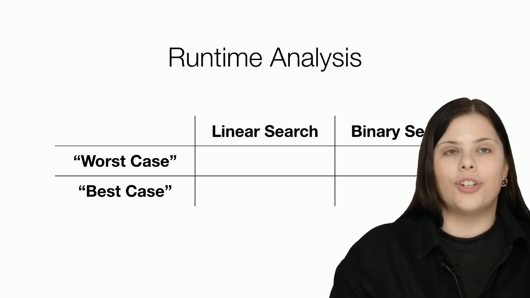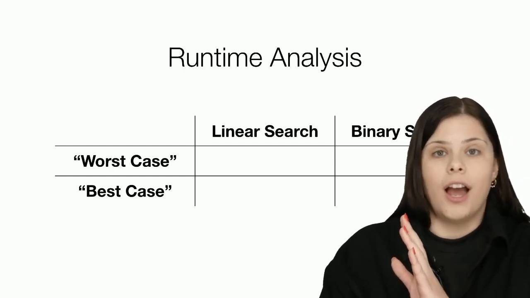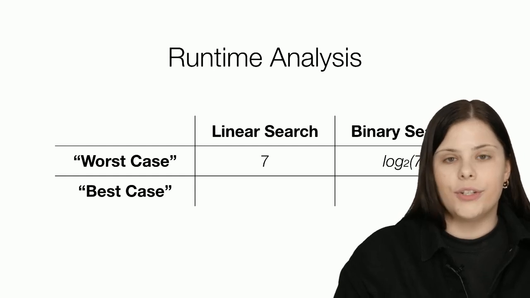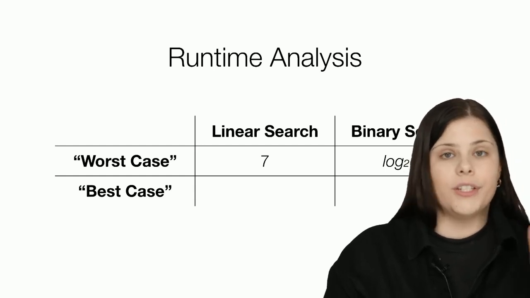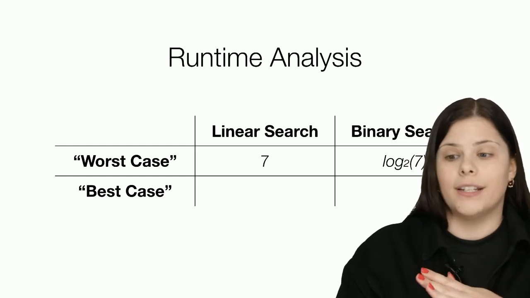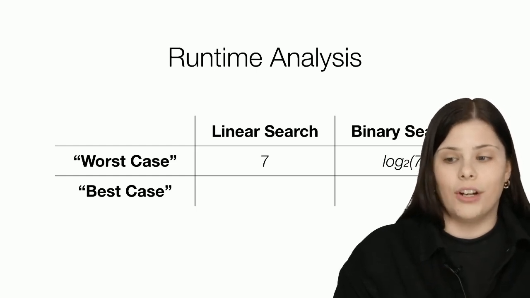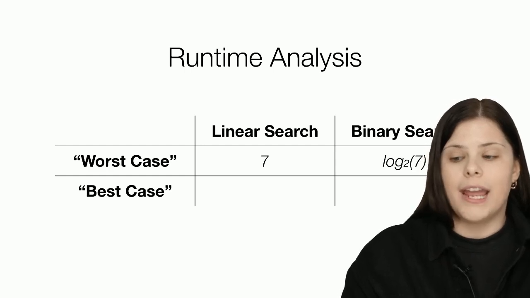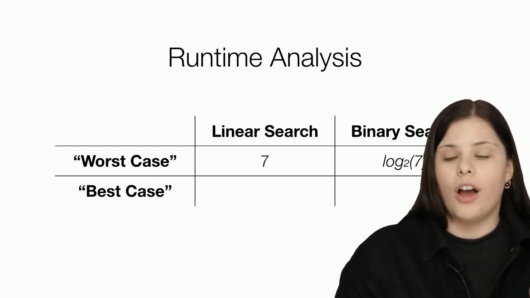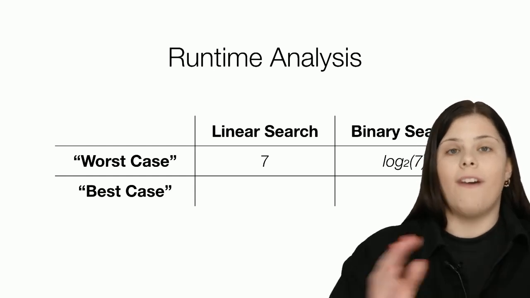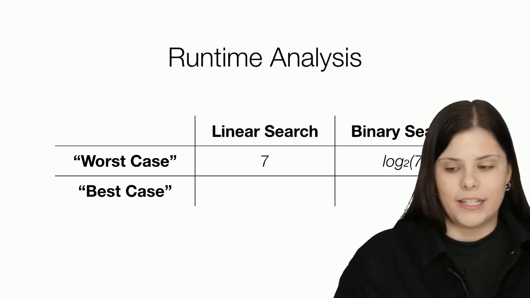Like say Journey was in the very, very end of our list. Well, in linear search, that would be 7, right? Because we need to look through every single book until we find the very last one. In binary search, it would be log 2 of 7 because we are dividing our problem in half every time.